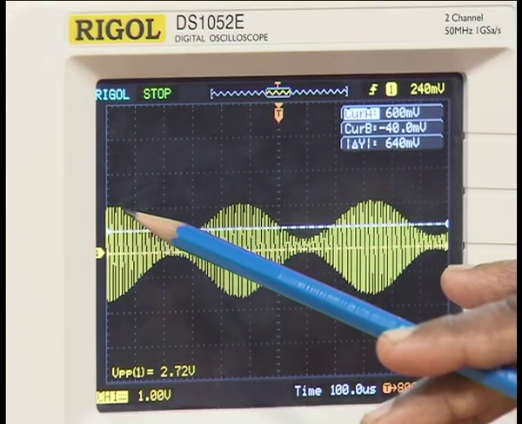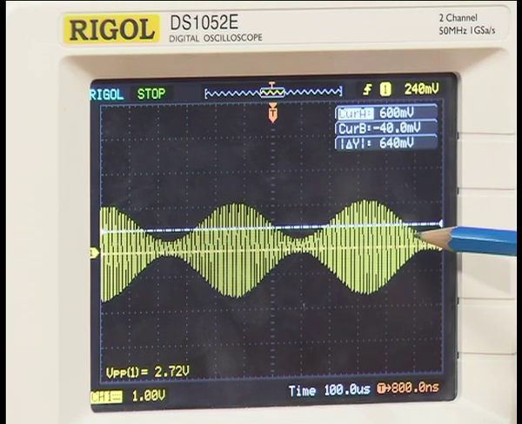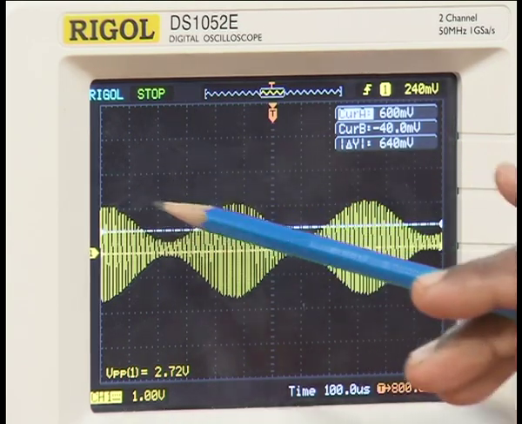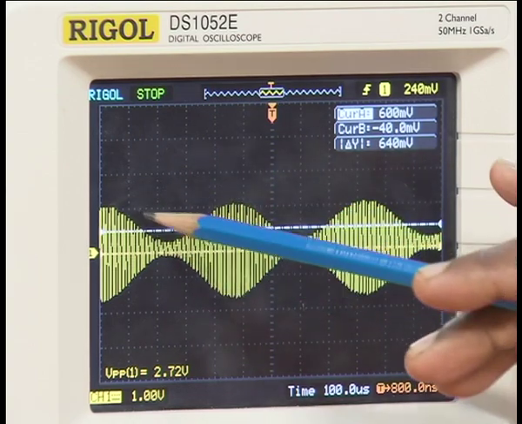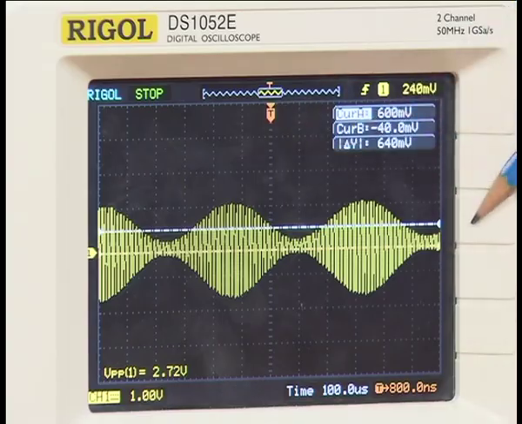The amplitude of the carrier signal is modified with respect to the amplitude of the message. So, your message signal frequency is here and the amplitude is here, and these are the carrier frequencies. So, this is your AM modulated output.